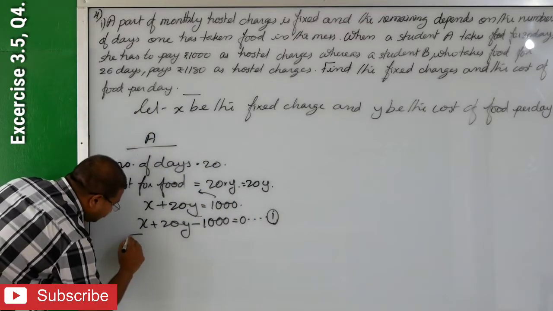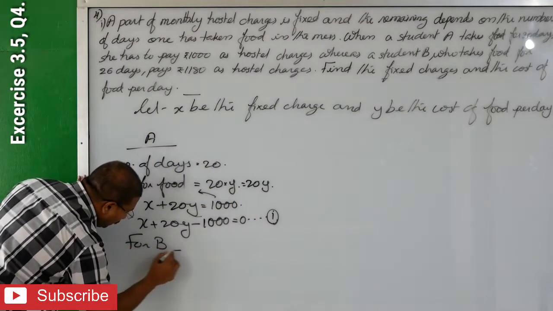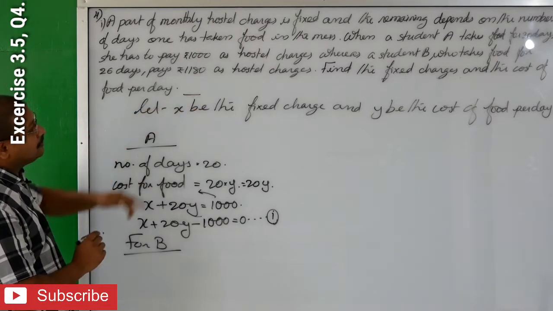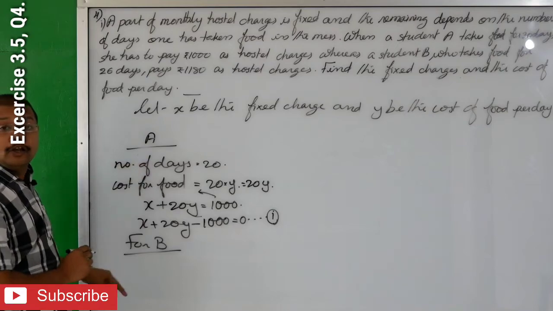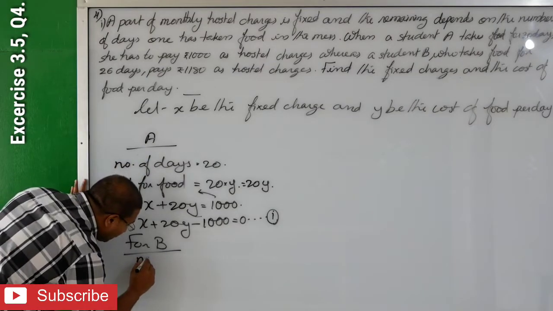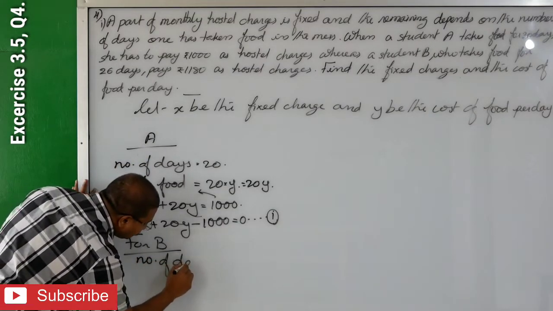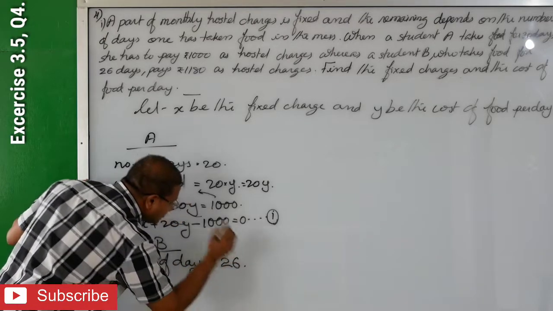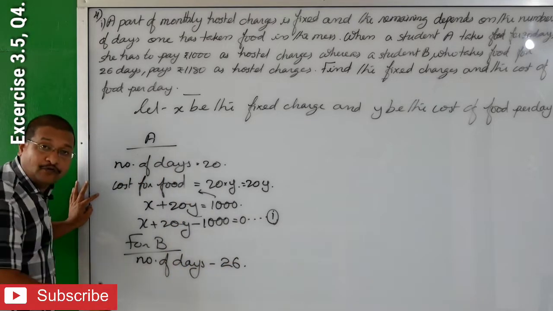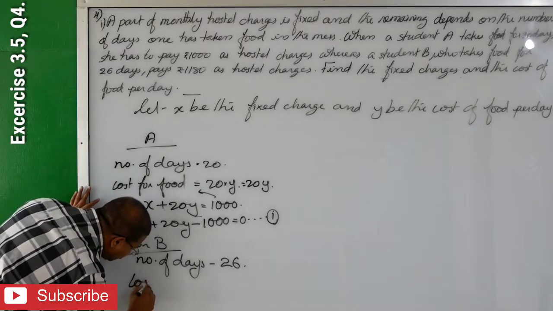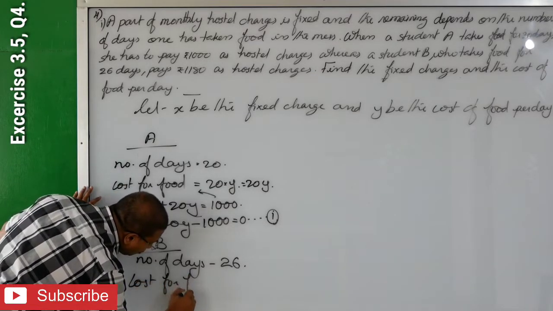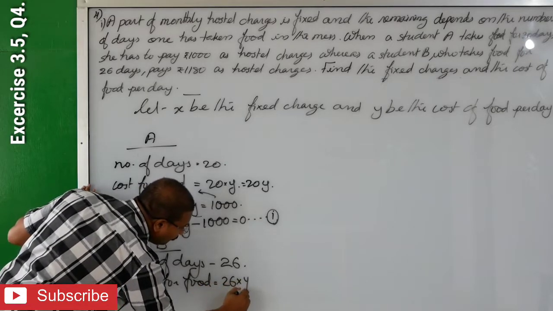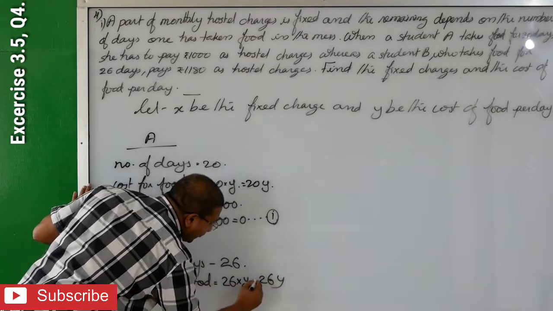Now, for the student B, what happened? How many days did she stay in the hostel? She stayed 26, isn't it? That means number of days for B is 26 days. Cost for food equals 26 into Y equals 26Y.